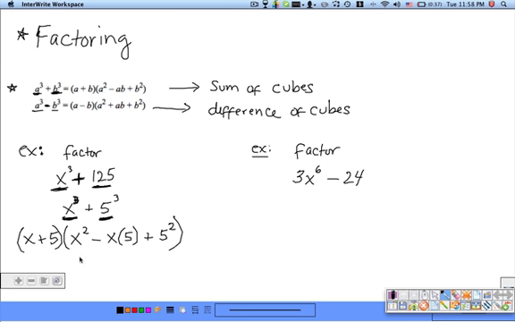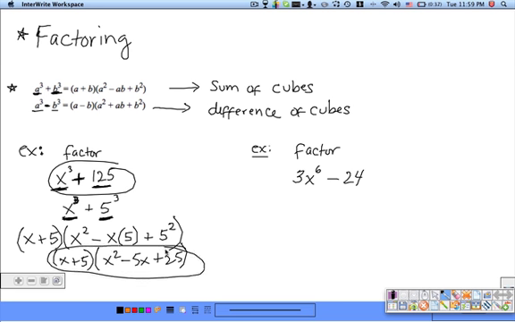I just showed you all the work. Now just clean up a little bit. X plus 5 is out front, and then x squared minus 5x plus, this becomes 25. And there you have it. You just factored a sum of two cubes. So you circle that and you're done.